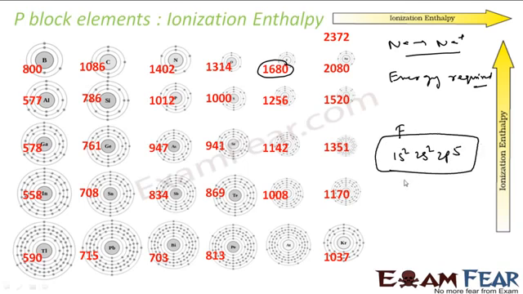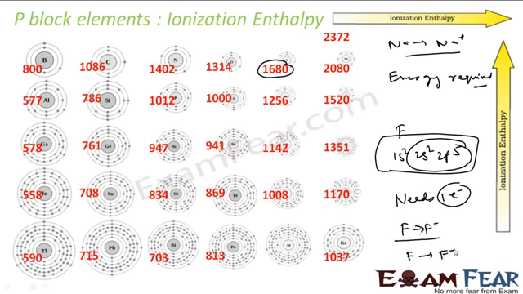Fluorine's outermost shell has 7 electrons, so it needs 1 electron to become stable. So fluorine to fluorine minus will become very easy. But if you ask fluorine to give 1 electron, it will not do it, because fluorine is almost stable. It just needs 1 electron to become stable.